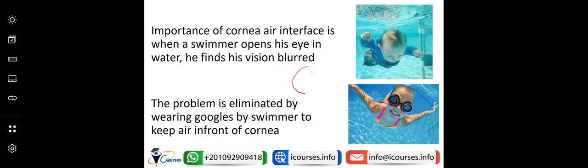When this is the cornea and this is the air, the air refractive index is 1, while the refractive index of the cornea is 1.376, as far as I remember. So there is a great difference between the refractive indices of the air and the cornea. This will cause more bending of the light, causing more clear vision.